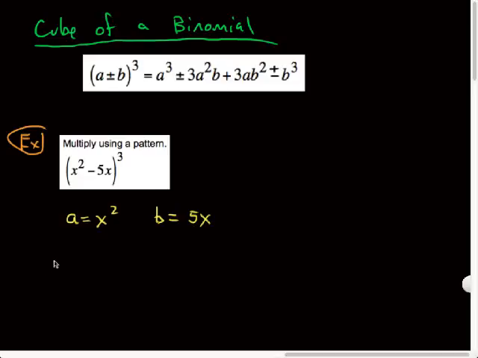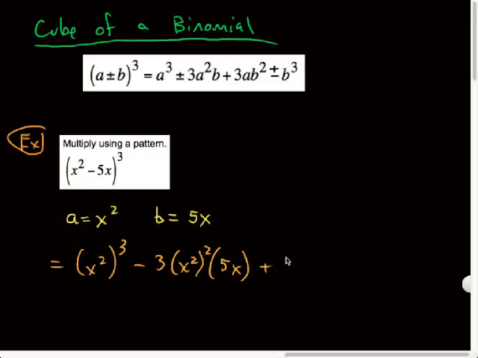So let's plug this into the pattern. The pattern says a cubed, so my value for a is x squared, and it's all cubed. Now I've got the minus version of the pattern, so I'm using the minus sign here. Minus 3 times a squared, so that's x squared squared times b, which is 5x.